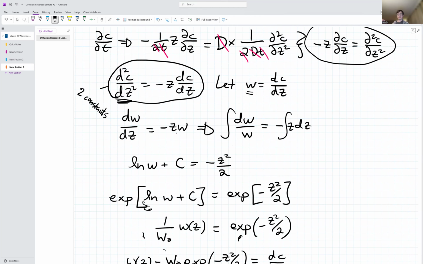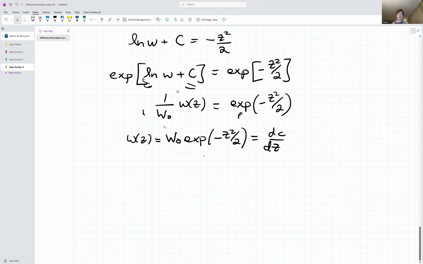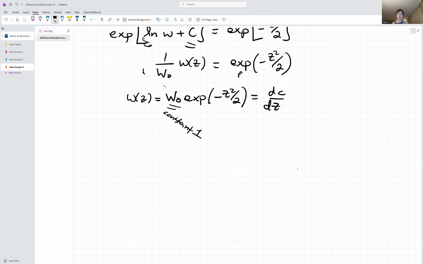So two derivatives always give two constants. We found one of the constants, the constant of integration here. That's sort of constant 1. But there will be one more constant of integration when we integrate this last equation.